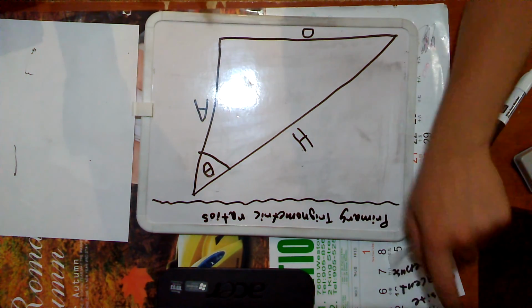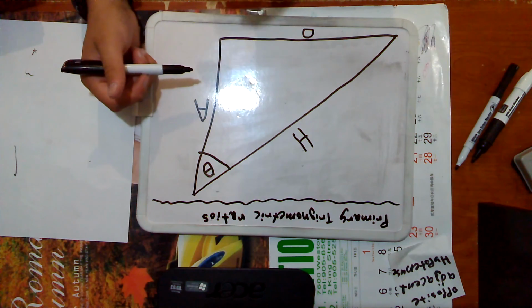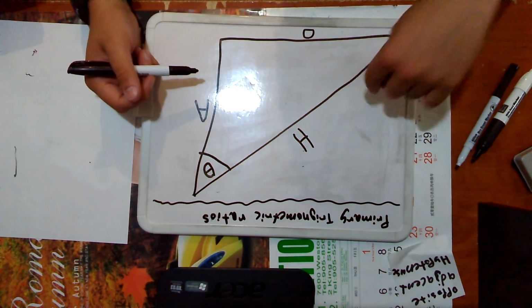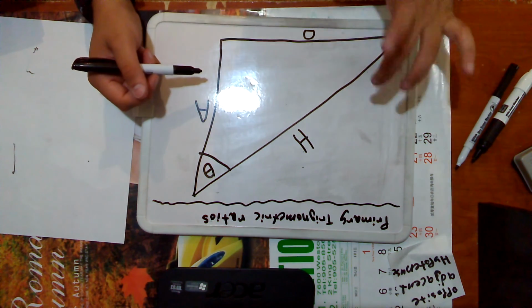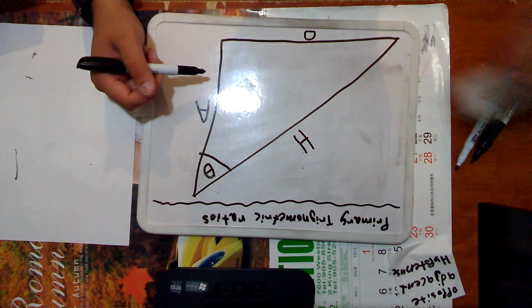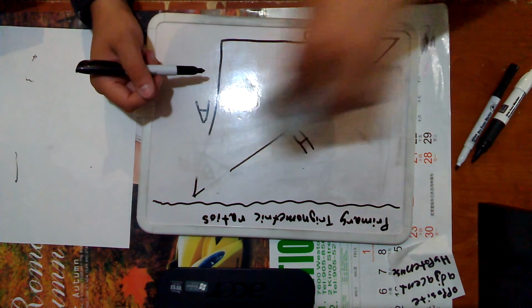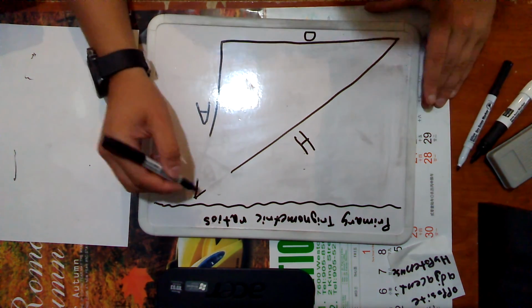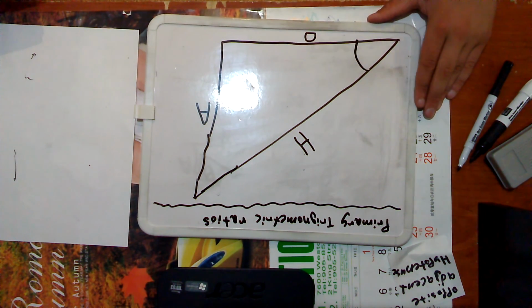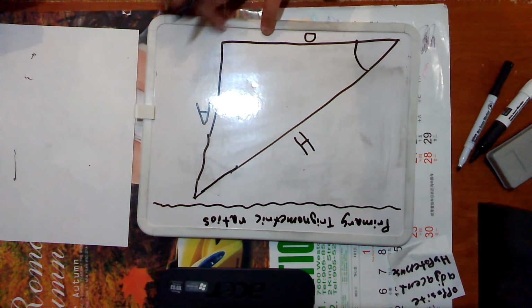Since we now know the names of the sides of the triangle, listen, these will not always stay like this. If the angle is right here, these two switch.